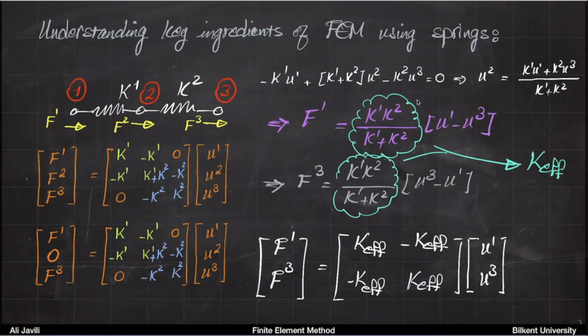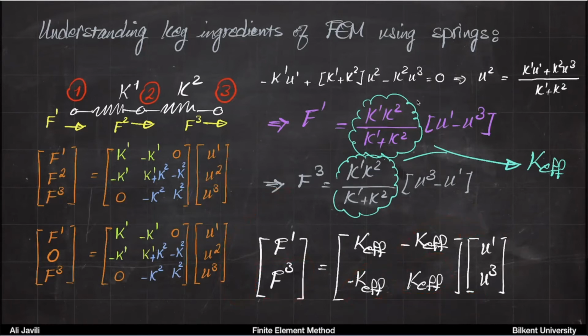Okay, you can clearly see it, right? F1 is K effective U1 minus K effective U3, right? It's exactly this relation. And then F3 is minus K effective U1 plus K effective U3. This is exactly this system.